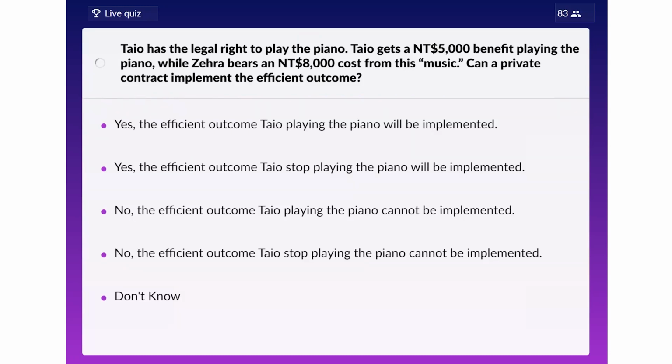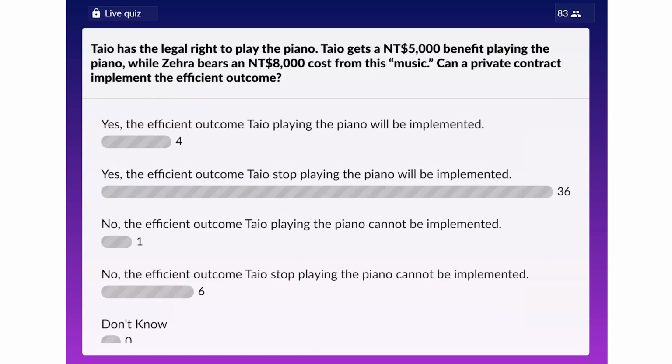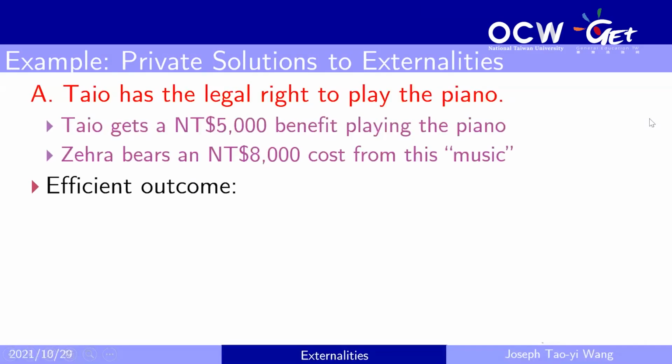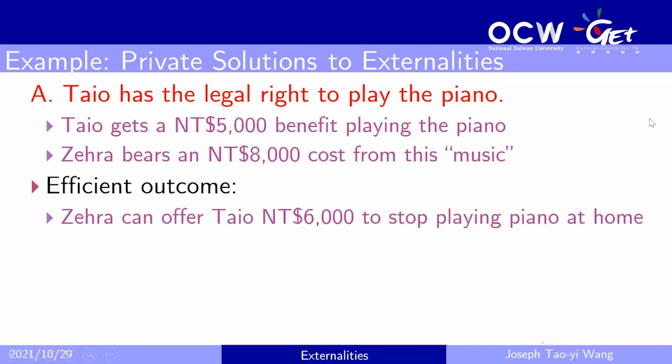Let's see. The majority of you answered that yes, the efficient outcome, Tao stopping playing the piano, will be implemented. And actually that's correct. Let's take a look. The benefit of Tao playing the piano for the whole society is Tao's happiness, valued at 5,000 NT dollars, and the cost for the society is Zara's endurance, 8,000 NT dollars.